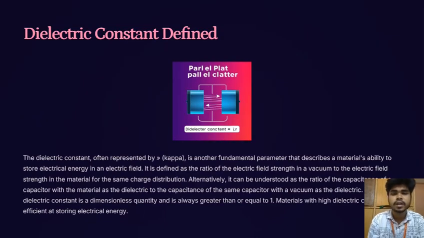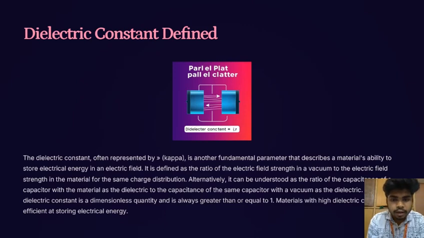So we will learn about the dielectric constant definition. The dielectric constant, often represented by kappa, is another fundamental parameter that describes a material's ability to store electrical energy in an electric field. It is defined as the ratio of electric field strength in vacuum to electric field strength in the material for the same charge distribution.